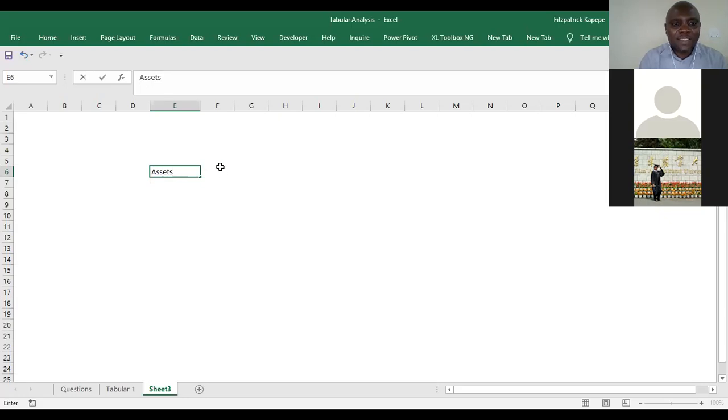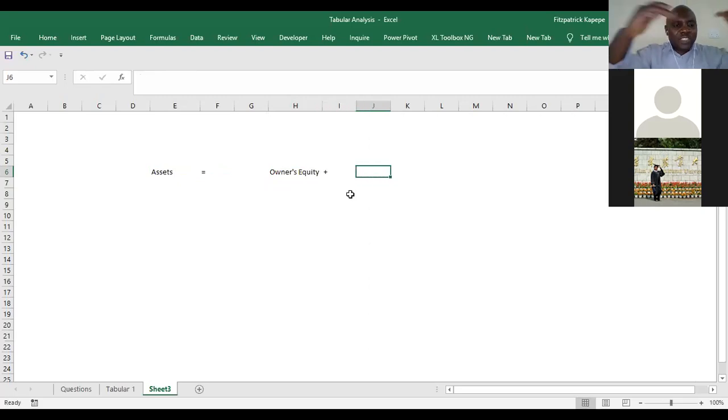So it will be assets equals, we'll start with owner's equity, which is capital. So owner's equity plus, this is what you put. These will be columns. What you are seeing there, they are columns. So you put them as headers.